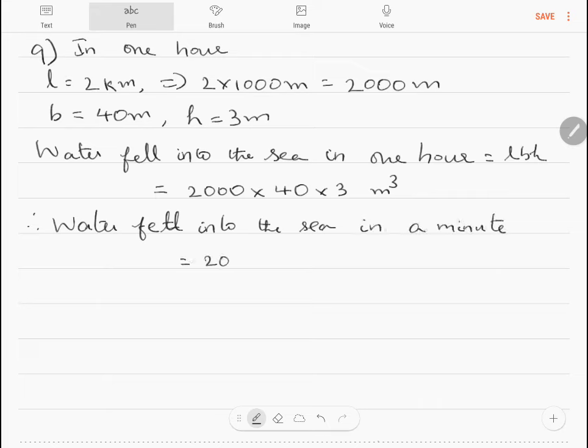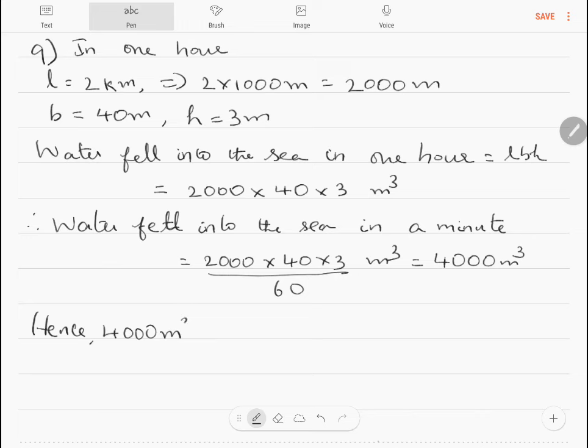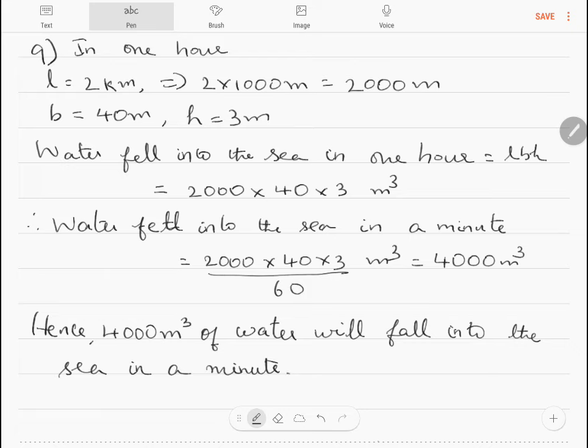It is equal to 2000 into 40 into 3 by 60 meter cube, which comes to 4000 meter cube. Hence, 4000 meter cube of water will fall into the sea in a minute.